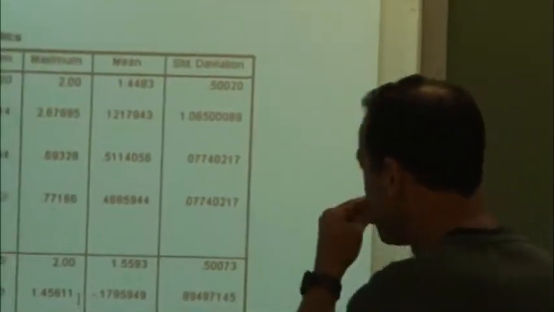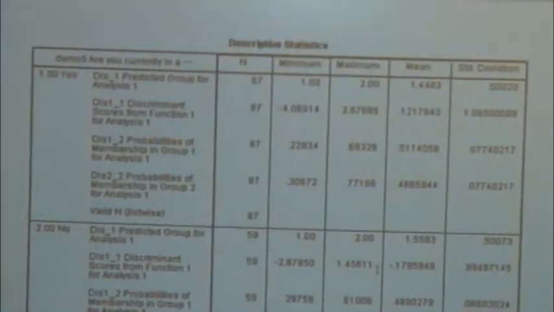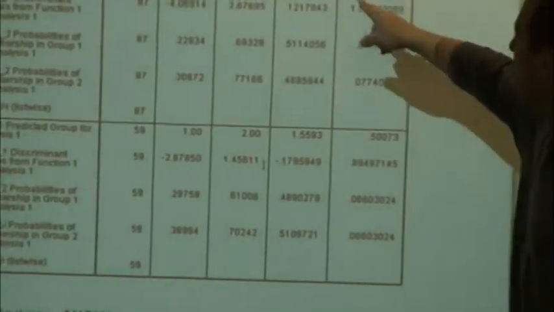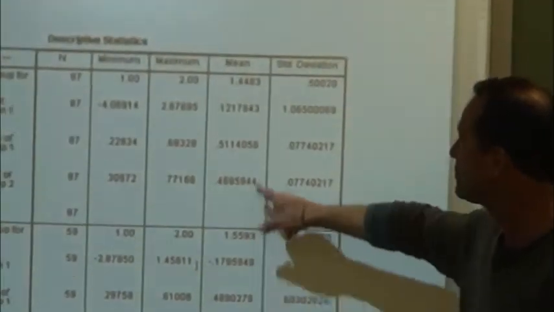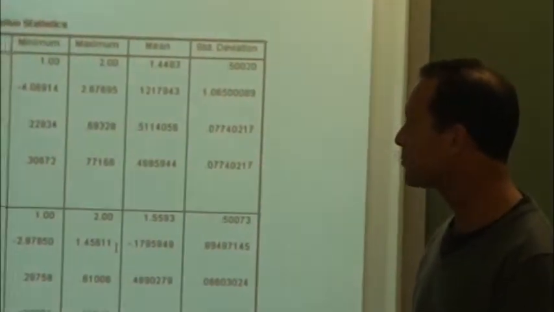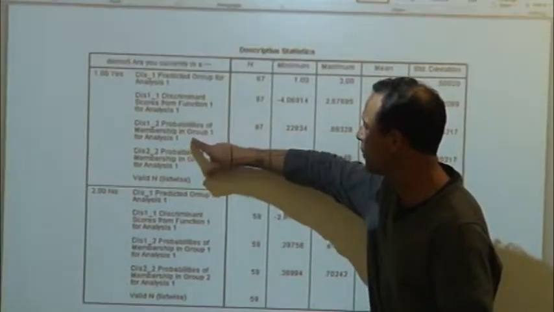So here, of course, as you know, you can get a mean for each of these, and you get a standard deviation. And these are actually the means on the discriminating scores. How do I know it's the mean on the discriminating scores? Well, look: predicted group, discriminant function scores, probabilities.